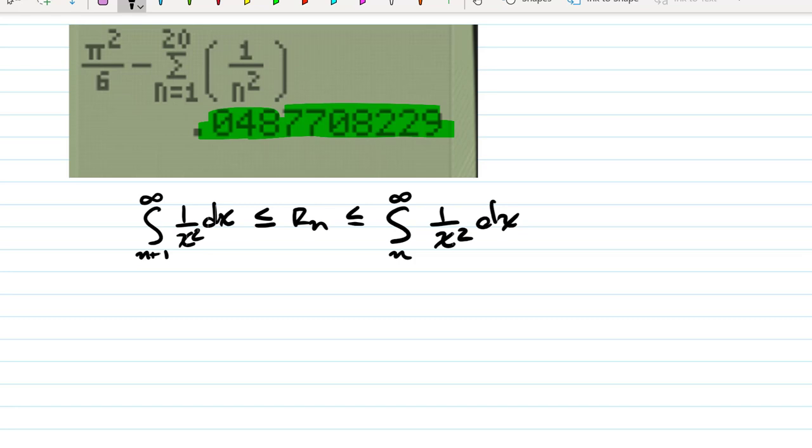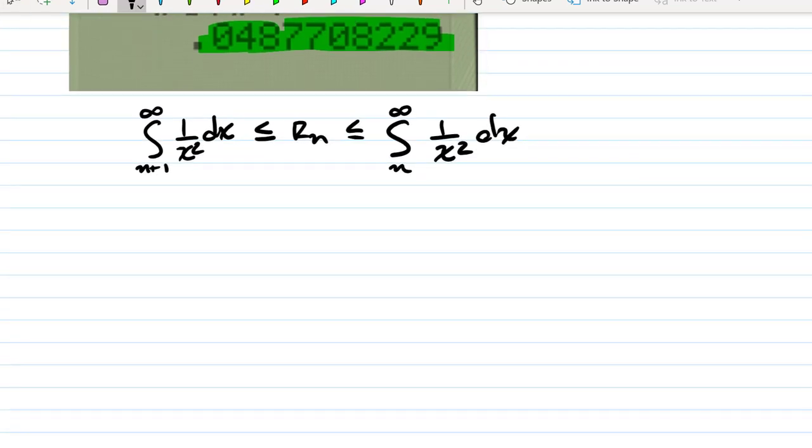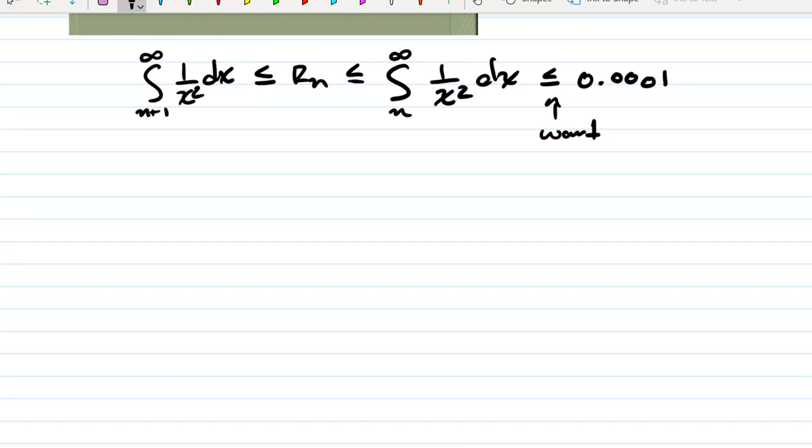So we want the remainder of our series to be smaller than that value. So if that's the case, by chaining these together, we want this to be less than 0.0001. Because we don't know how to calculate Rn directly, but we do know that Rn is less than this.